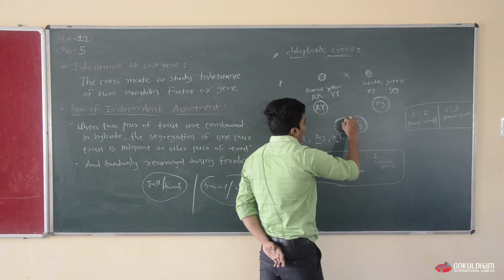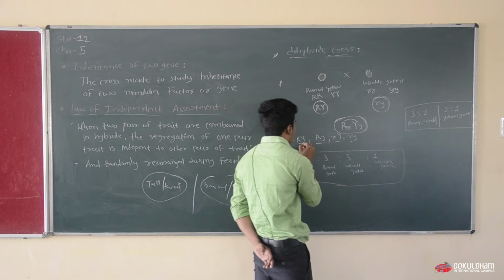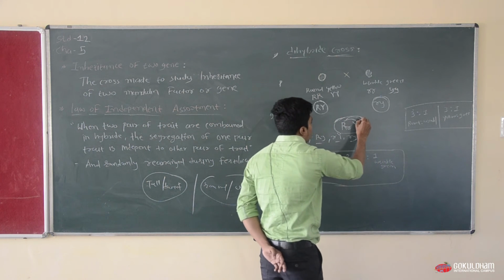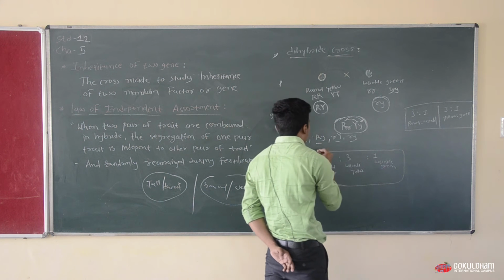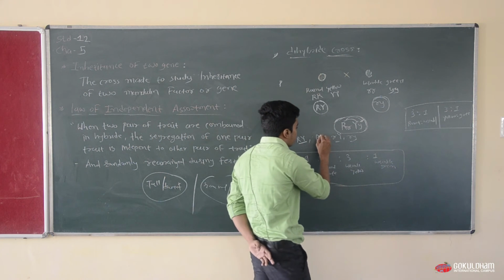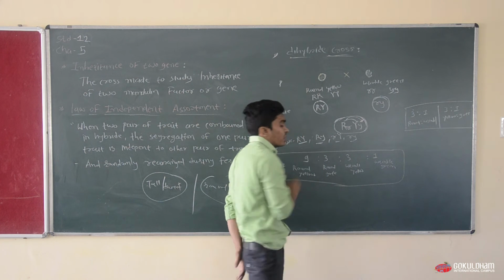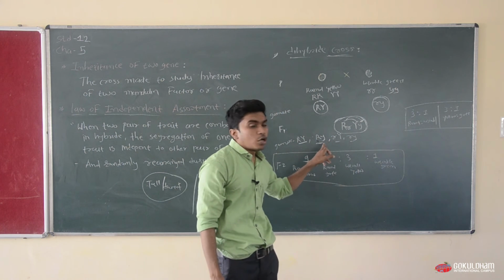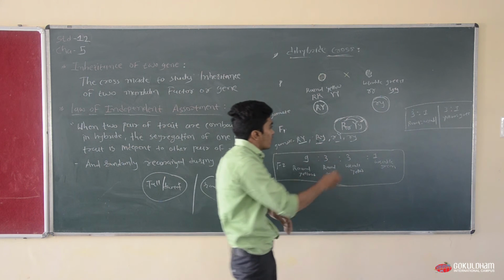First, capital R binds with capital Y, giving RY. Then there is a new combination with small y: capital R and small y, with one allele of dominant R and one allele from recessive y.